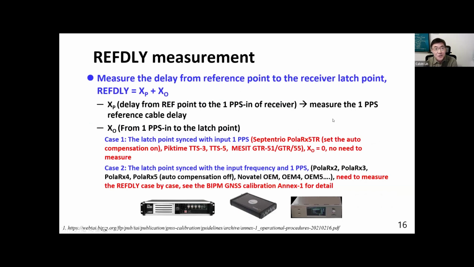Okay, so for the reference delay measurement, we have to measure the delay from the reference point to the receiver reference point. So the definition is equal to XP plus XO. The XP is the delay from the reference point to the 1 PPS in of the receiver, so it's easy to measure.